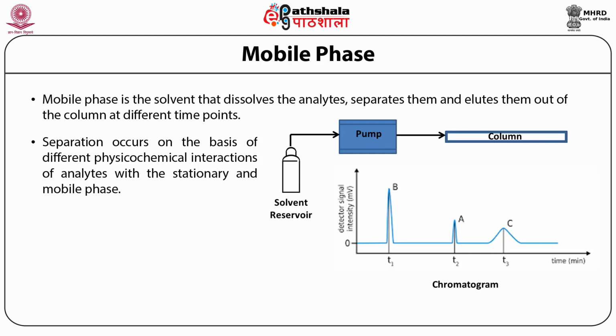The mobile phase thus acts as a carrier phase for analytes. The component analytes elute from the column in a particular order, depending upon the relative strengths of their interaction with the stationary and the mobile phase.